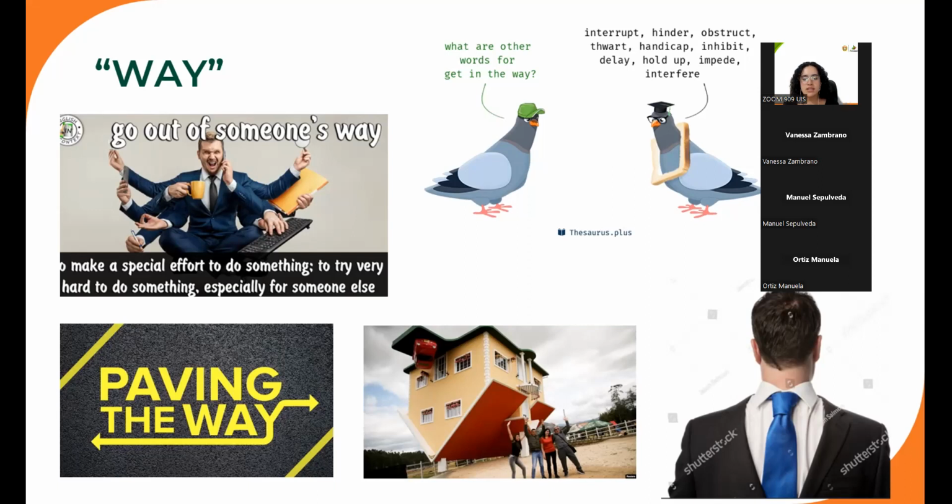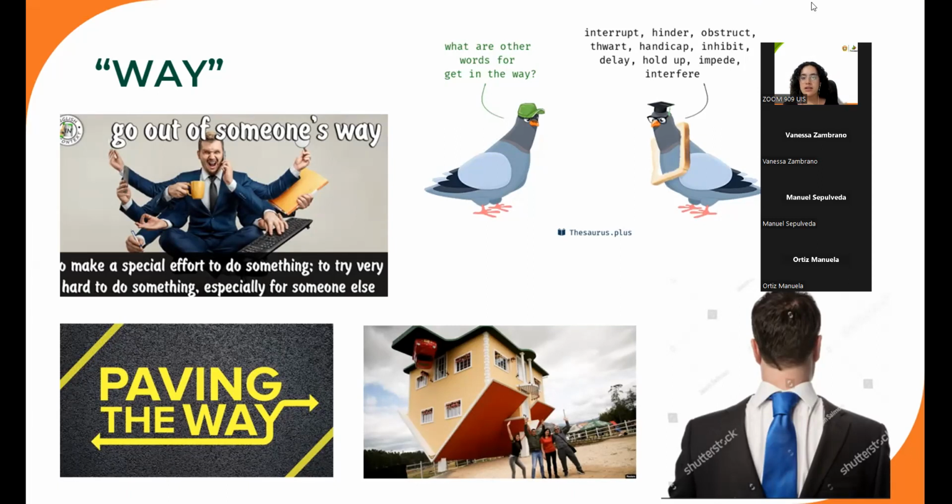Next, this one is we have the wrong way up. Okay, the wrong way up. So I think it's very clear. This is the wrong way up. It's similar to upside down. Okay, it has the same meaning. The wrong way up is upside down.